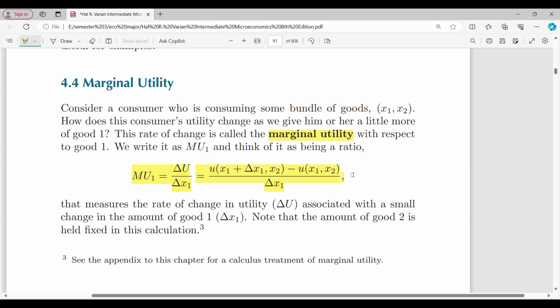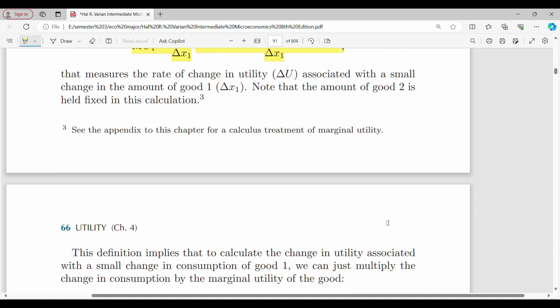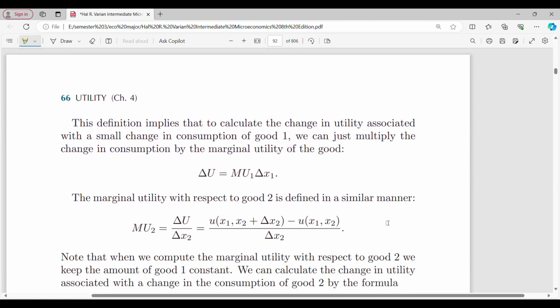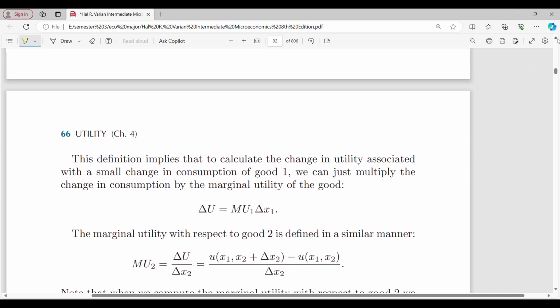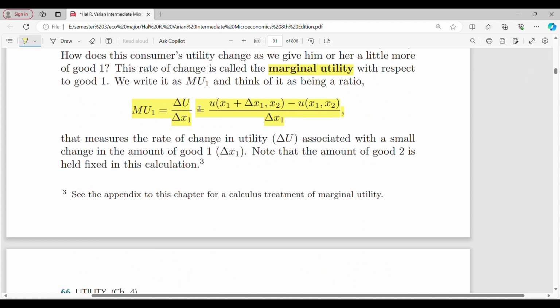That is the marginal utility. Here we are calculating the marginal utilities with respect to good 1 and good 2. For good 1 we just calculated it above. This change in utility is the marginal utility with respect to good 1.